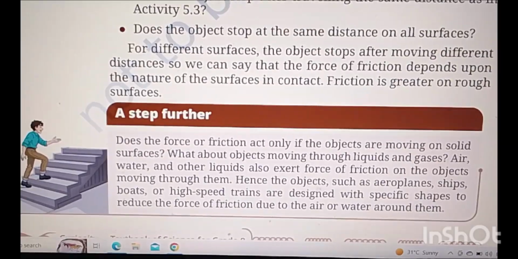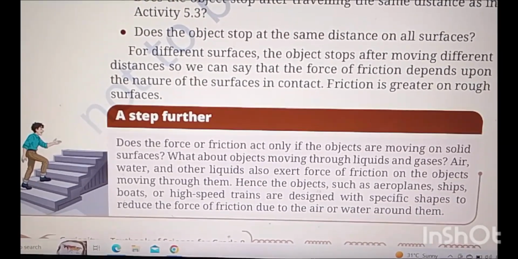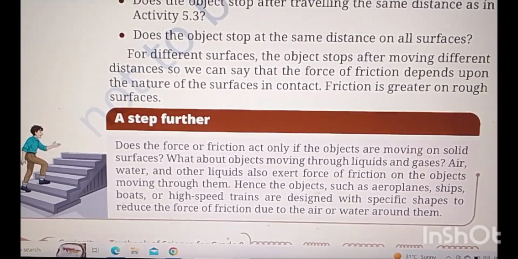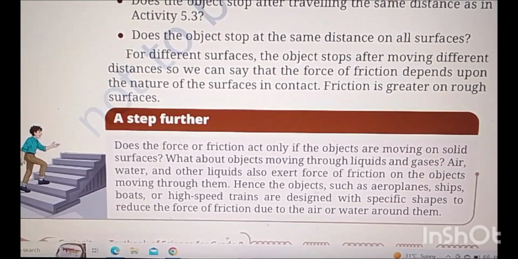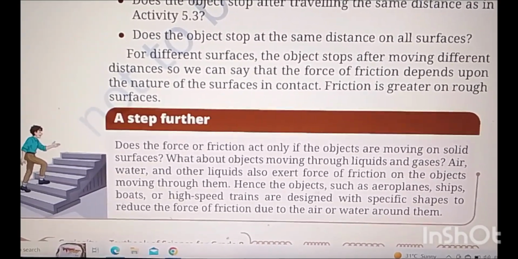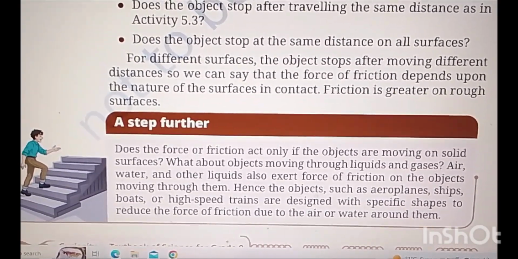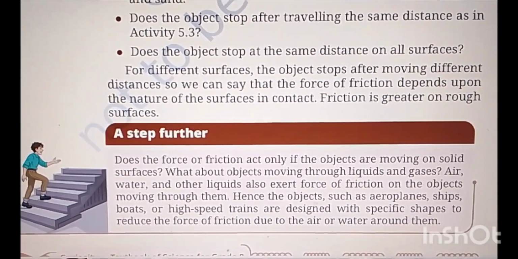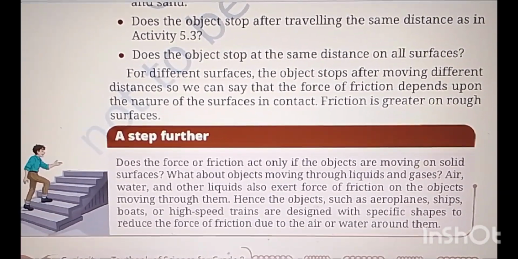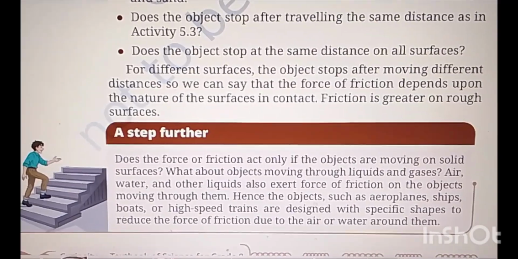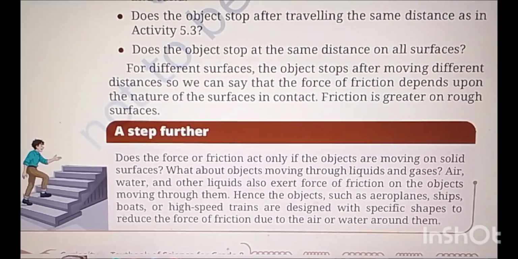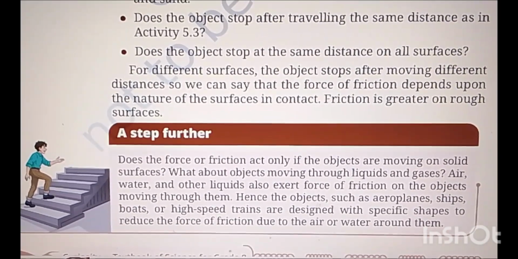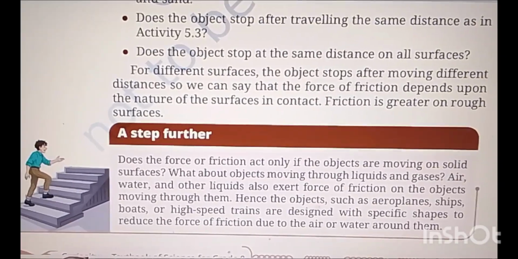Next, in that box, you can see: does the force of friction act only if the objects are moving on solid surfaces? What about objects moving through liquids and gases? Air, water and other liquids also exert force of friction on the objects moving through them. Okay, we know on a solid surface there will of course be friction.